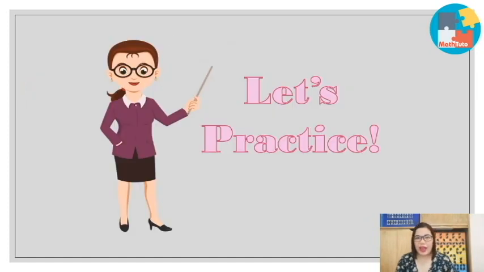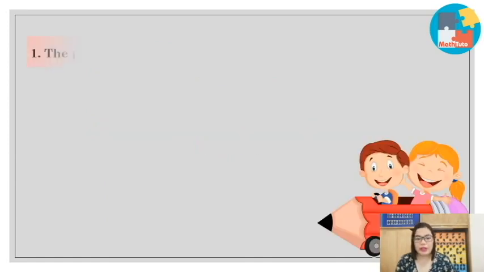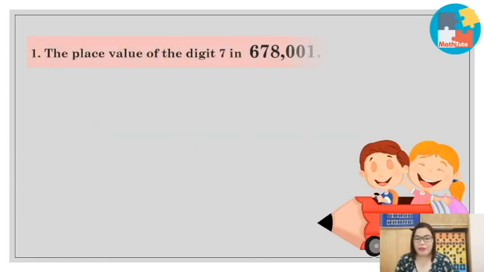Okay, so let us practice. To see if you got our lesson today, let us try to determine the place value of the digit in 678,001. You just comment down your answers below, and your answers will serve as your attendance for this session.